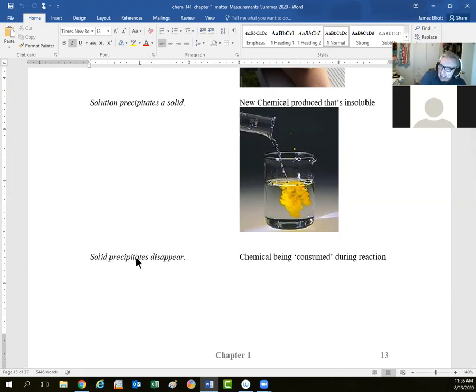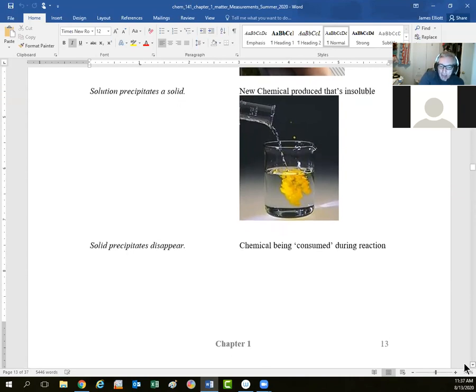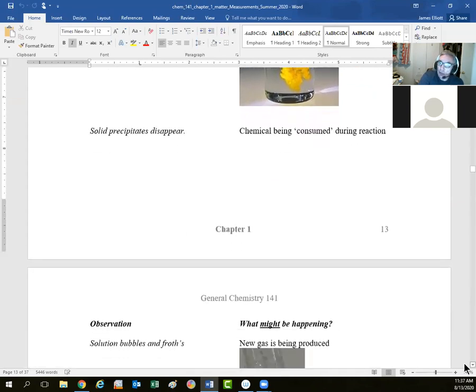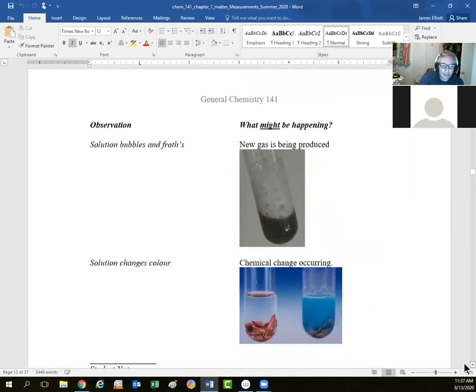So if you're just heating up the solution, it could be that it's just becoming more soluble. But if there wasn't a change in temperature and a chemical continued to disappear, it could be a sign that that chemical is being used up. So the appearance of a precipitate or its disappearance could also be a sign of chemical change.